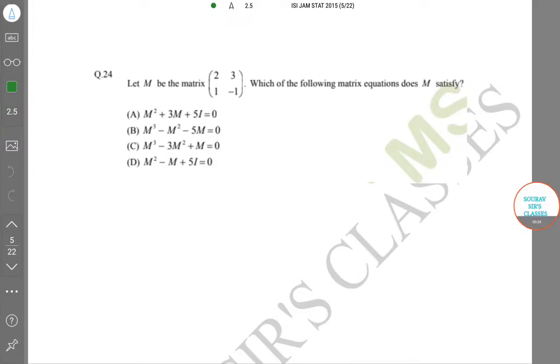We are solving the IIT JAM Statistics 2015 question paper, and the problem in hand is: we are given a 2x2 matrix, and which of the following equations does the matrix M satisfy?